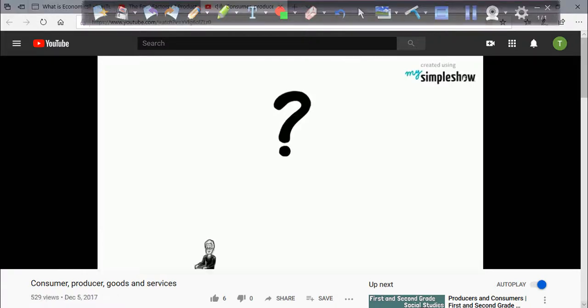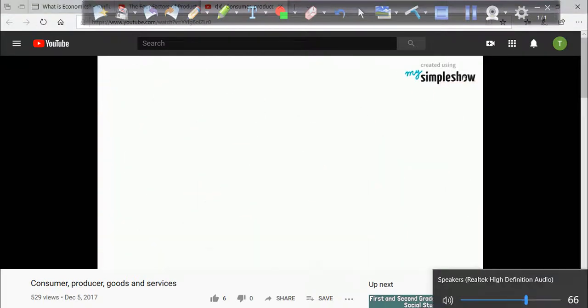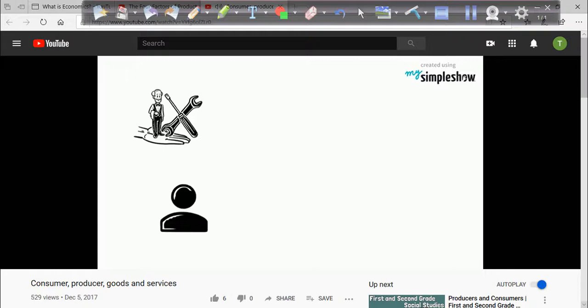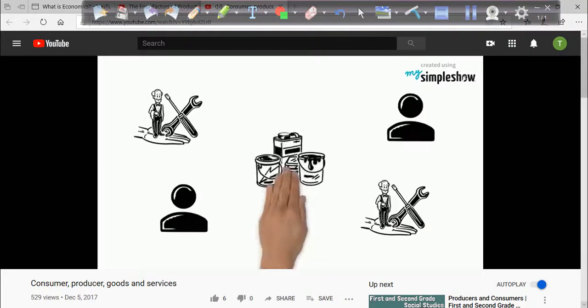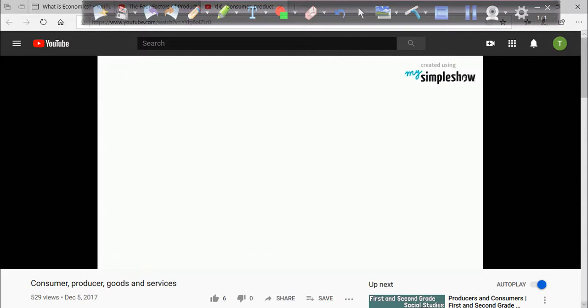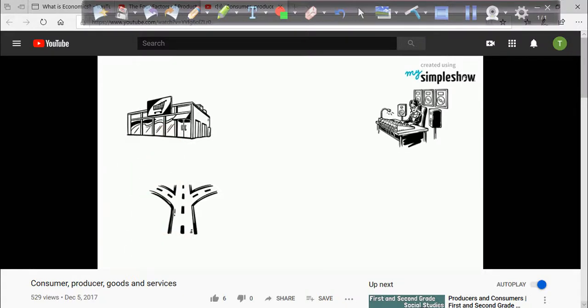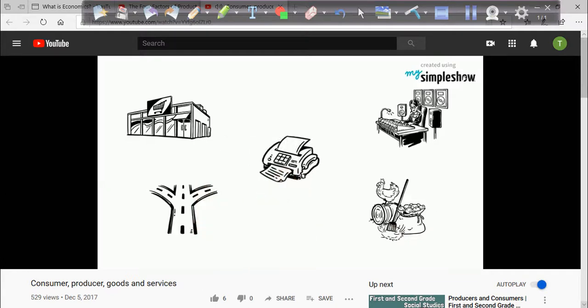What do you know about a consumer, producer, goods and services? A consumer is a person who purchases goods and services for personal use. A consumer is an individual who buys products or services for personal use and not for manufacture or resale. Consumers make the decision whether or not to purchase an item at the store. A producer is a person, company, or country that makes, grows, or supplies goods or commodities for sale.